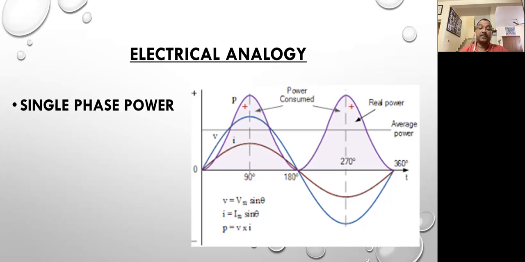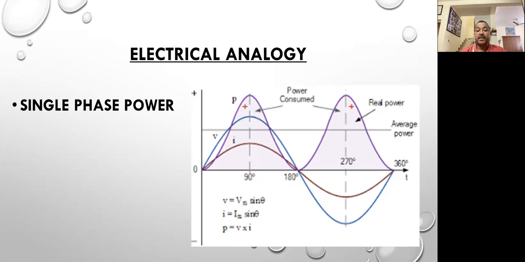Look at the power. It starts from 0, reaches a maximum value, and again reaches 0, again goes to maximum and reaches 0. So as said, it is a real pulsating power.